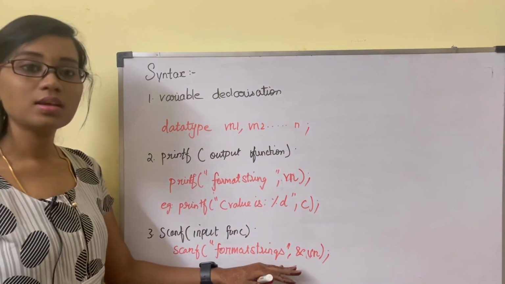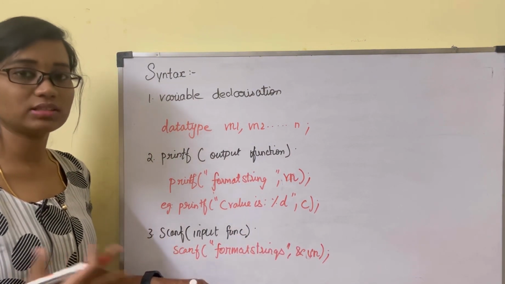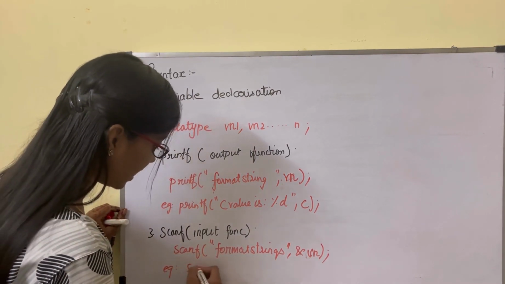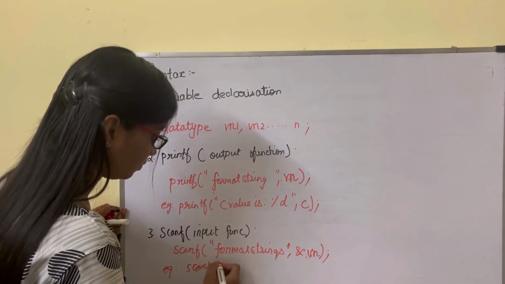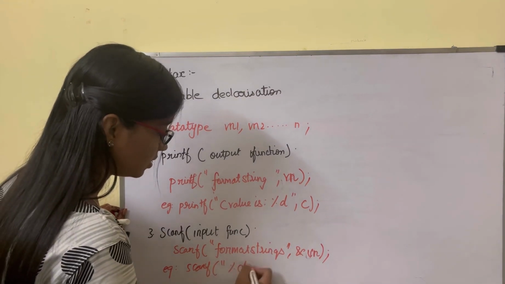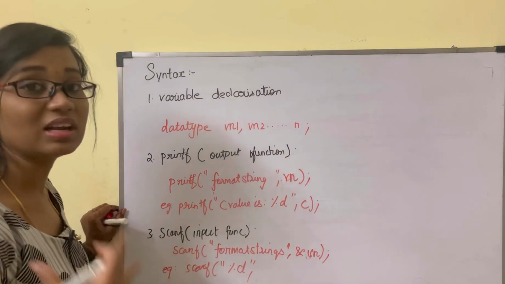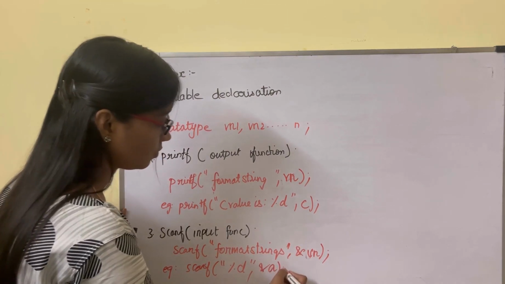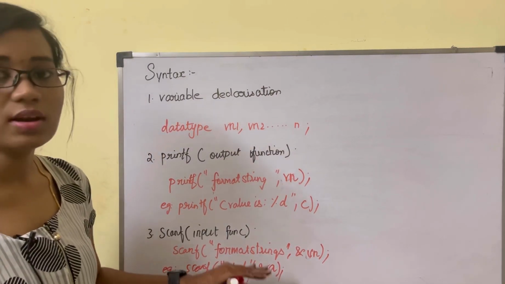This is the syntax for scanf, to accept our value. We can write an example like scanf %d, because we are going to accept integer type values, %d ampersand a. Okay, this is the syntax for scanf.